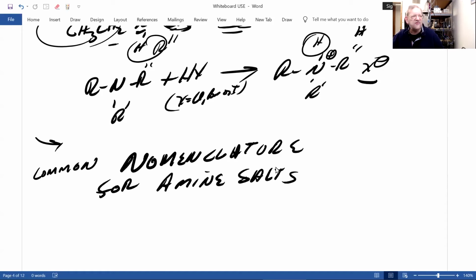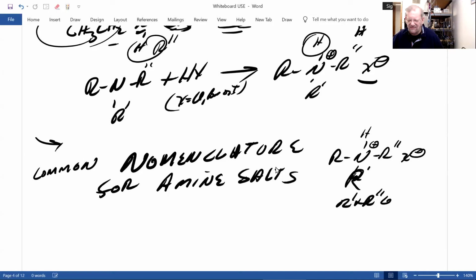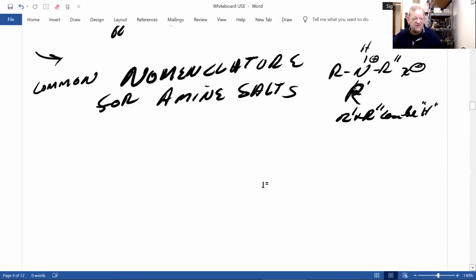For amine salts. And how do you do that? Remember, our prime and our double prime can be hydrogen. And the nomenclature for amine salts is same as quaternary ammonium salts.